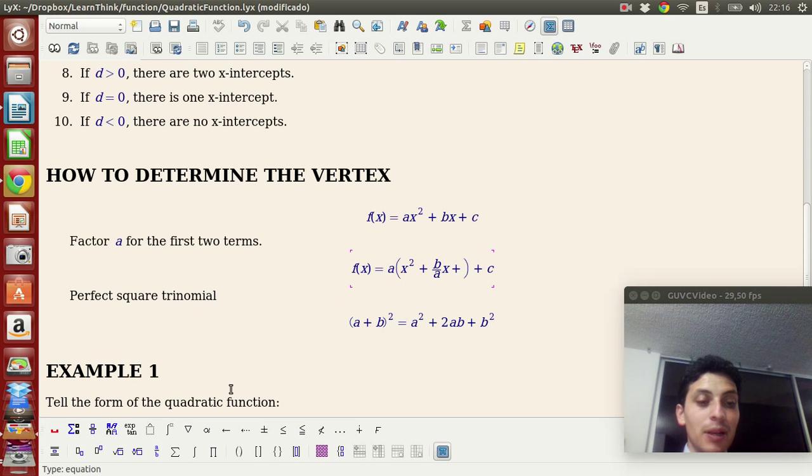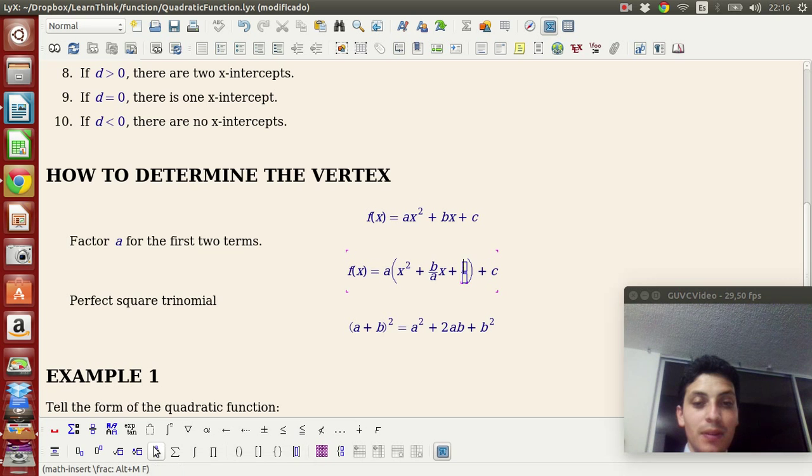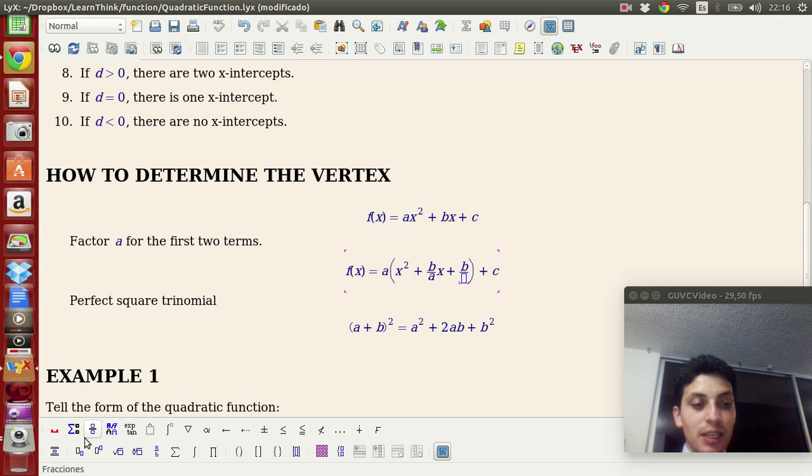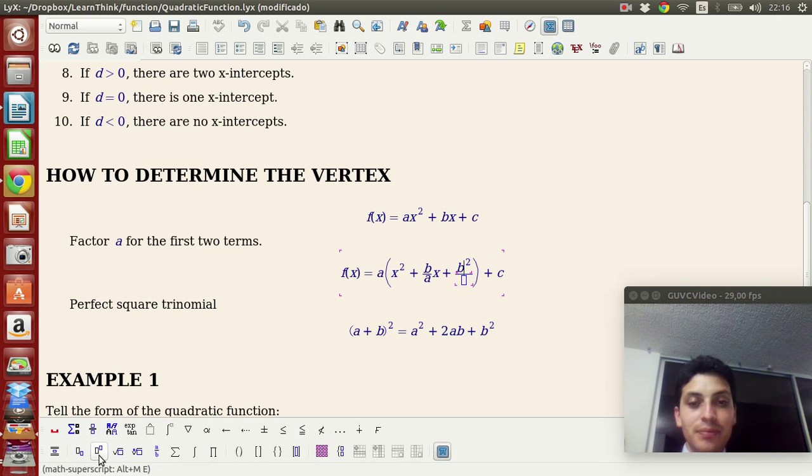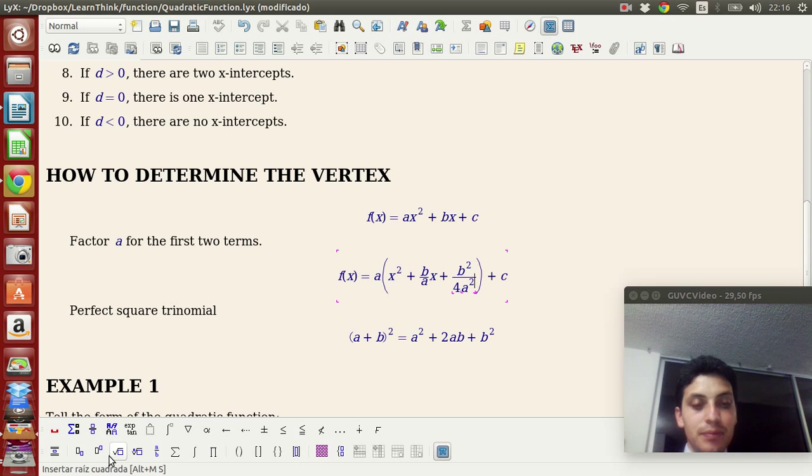So we have to write b to the second power divided by 4a to the second power. So let's check. If I take the root of b squared divided by 4a squared, I will have b divided by 2a times 2 b divided by a times x.